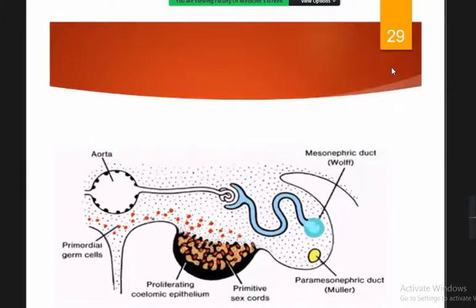And the moment these primordial germ cells enter, the process of differentiation starts. And we no longer call that gonad an indifferent gonad, but now it is either a male or female gonad. We now talk of a developing testis or developing ovary.